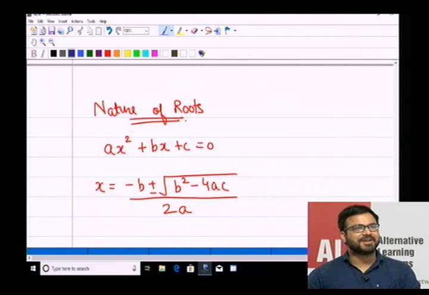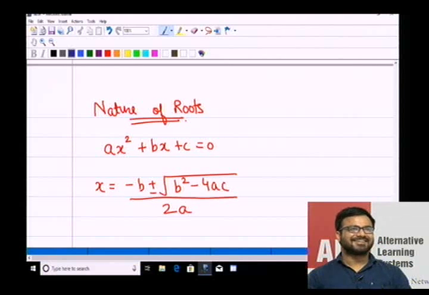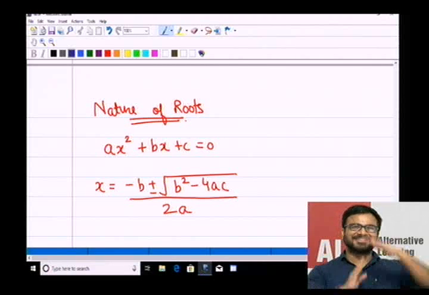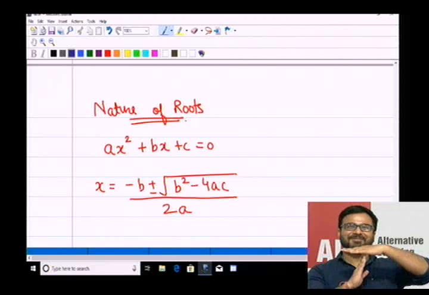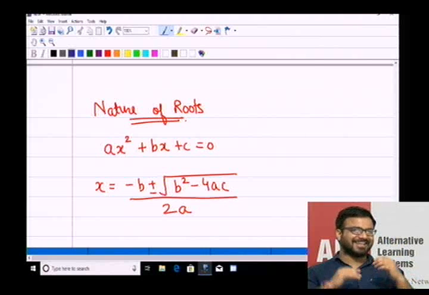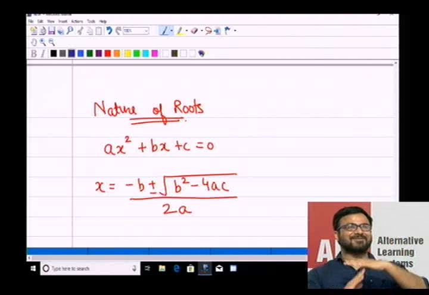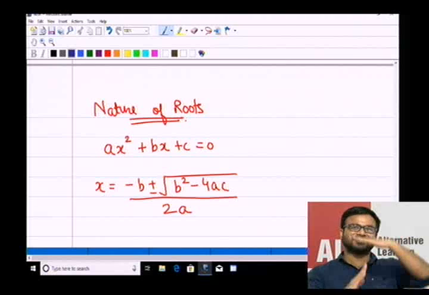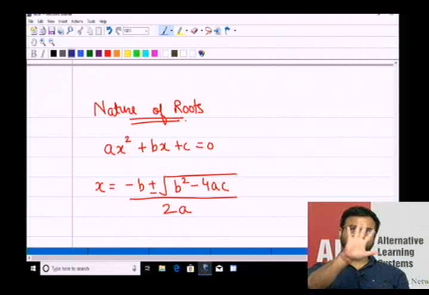Okay, you want a 5-minute break? Okay, this is the symbol for break. I thought you were giving it to me and the time is about to be over. Okay, I got it. So break for 5 minutes.